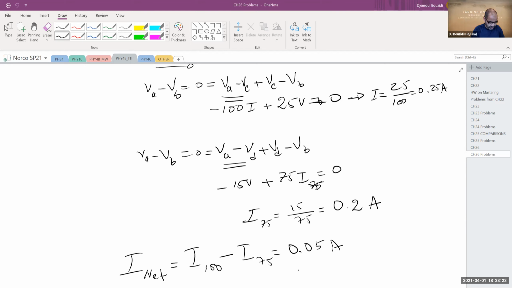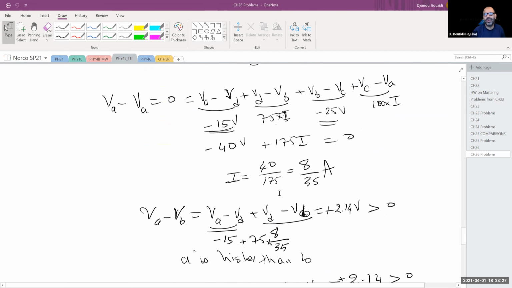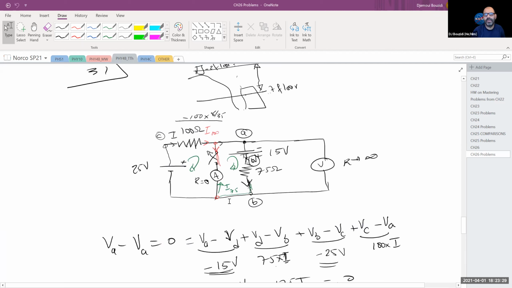Which way, up or down, does the current flow through the switch? Which way do you think it's going to go? Is the current going to come down or going to go up, knowing that there is 0.25 coming down and 0.2 going up? So is it going to be coming down from this point to this point or up?